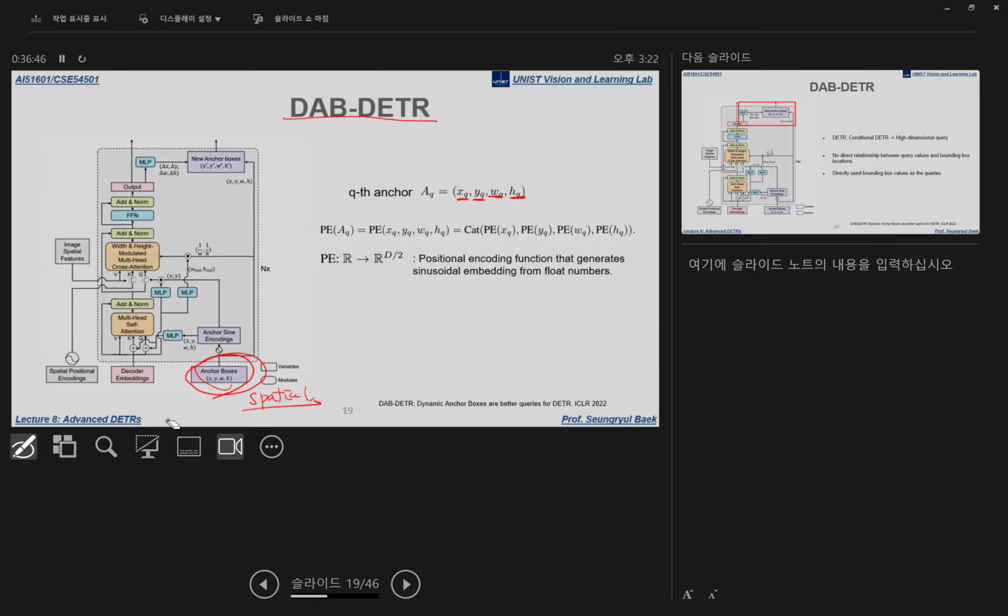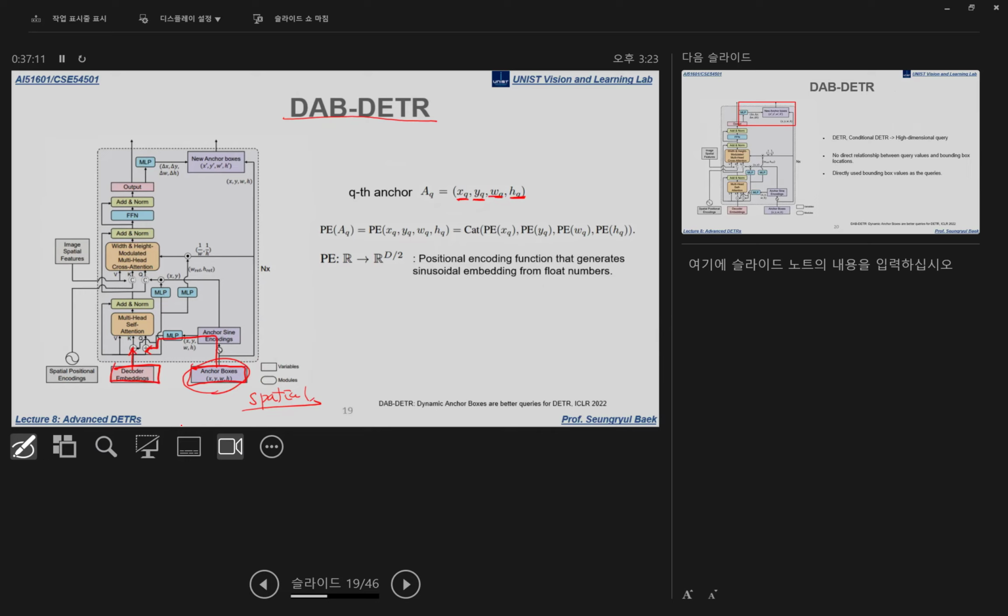So instead of estimating the reference point of the bounding boxes, they explicitly involve the bounding box information in the spatial information. And they have decoder embeddings as well. So they are now using this anchor box information as the spatial information.